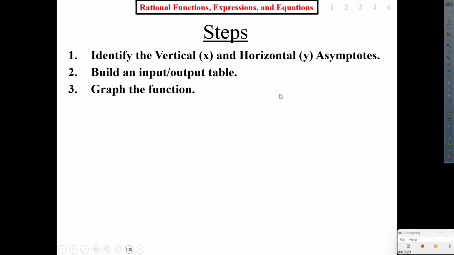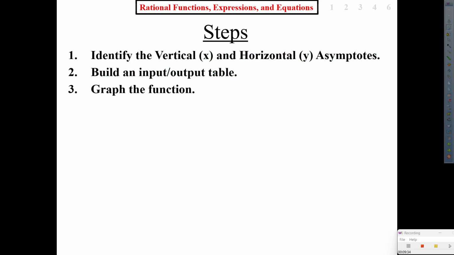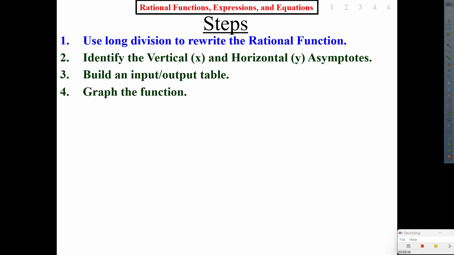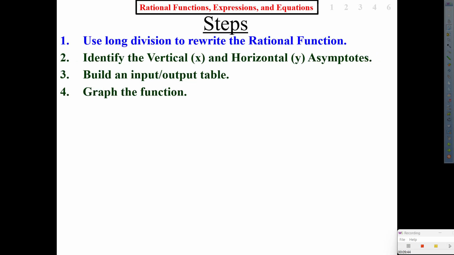Look up. Look at that. Tell your neighbor what's the only thing we're going to add to the steps first.